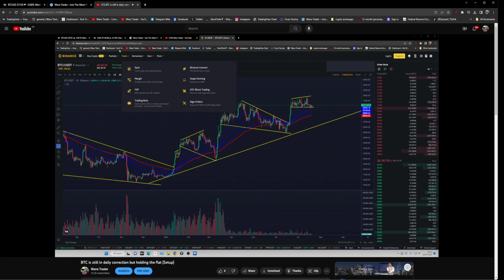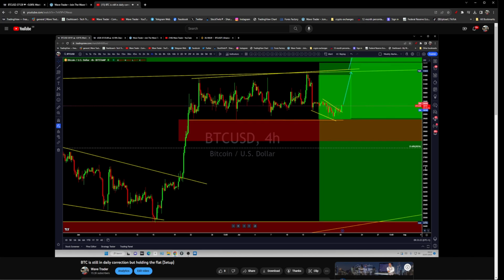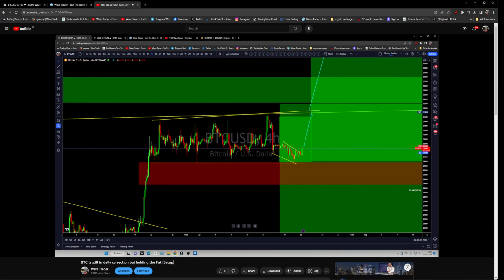Now let's get back to the lower time frame where we are watching it very, very closely, the 4-hour time frame. In the previous video analysis, we were expecting it to hold these previous lows, and it held. It was struggling to go down, then held this previous low again and bounced back.